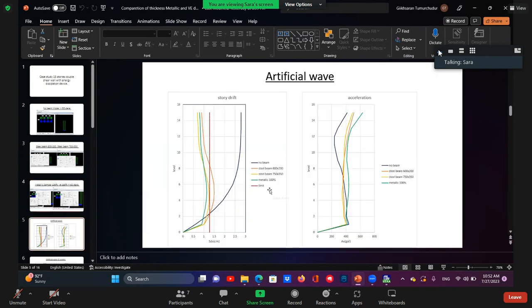From this story drift, the better one is the metallic 100 and the steel beam 750 and 350 millimeter.